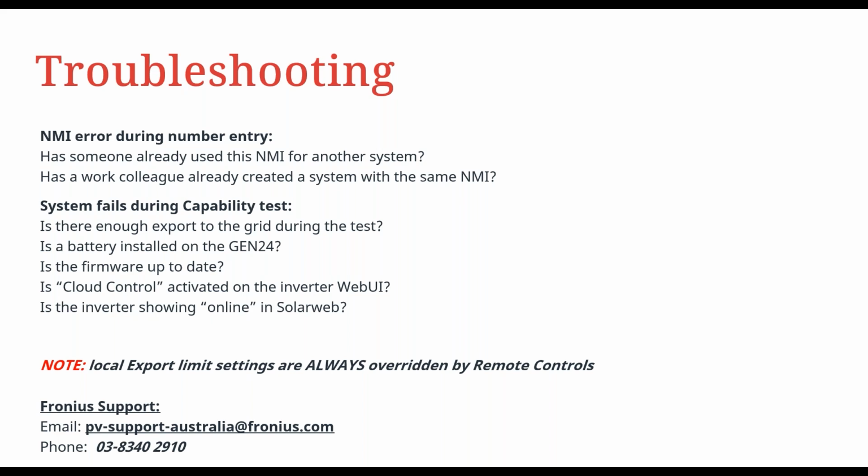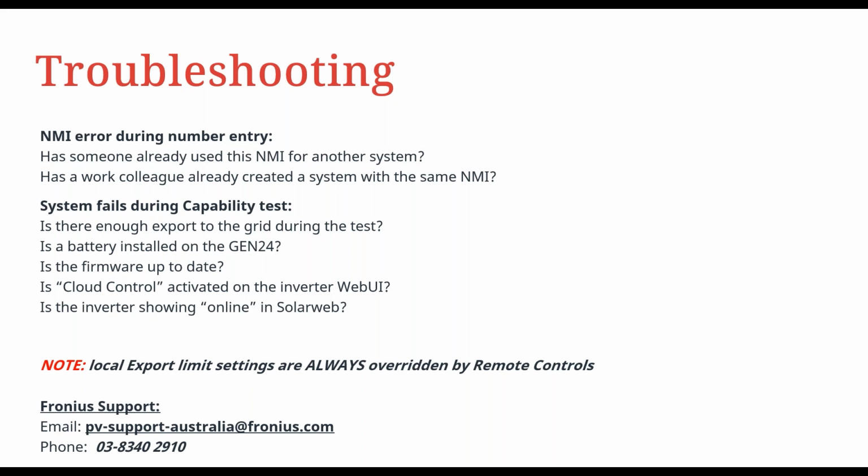So check whether it has been registered by anyone else in the company or another colleague, or double-check that the NMI has all the digits and there's not a wrong digit in there. If that's still coming up with errors, then you'll need to contact our tech support, and we'll take a look in our back end to find out what might be causing that.